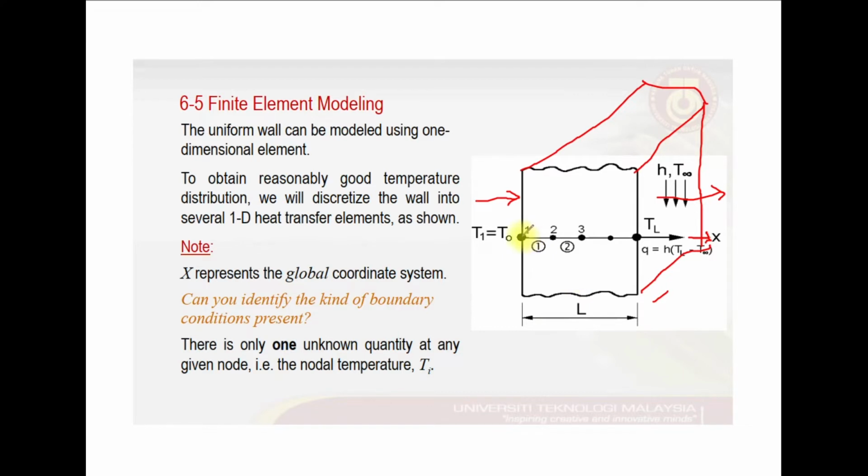So in this case, we can model our plane wall as a straight element, which assumes that this element will represent the temperature distributions at each nodal point as it progresses from the left side of the wall to the right side of the wall.